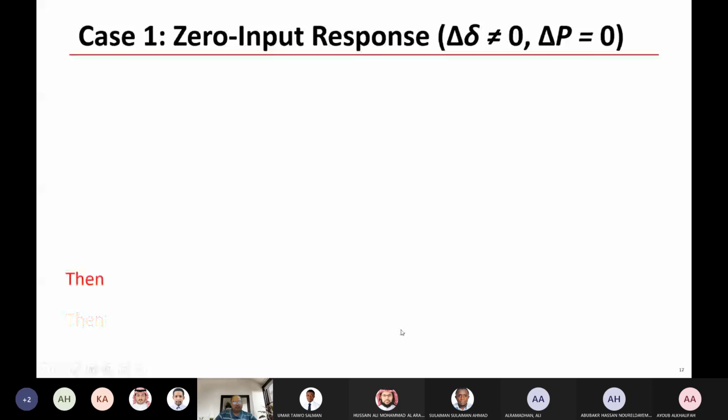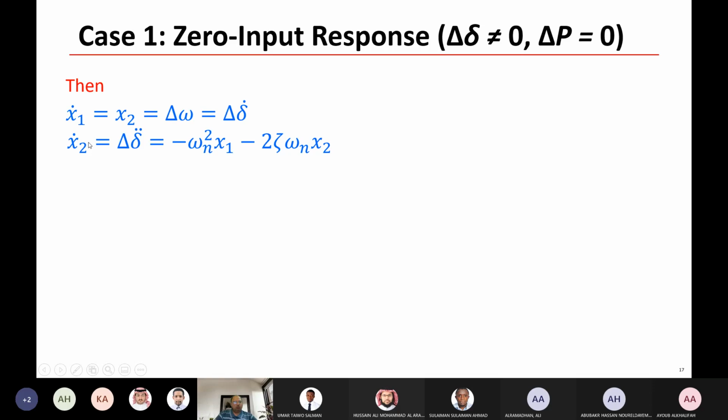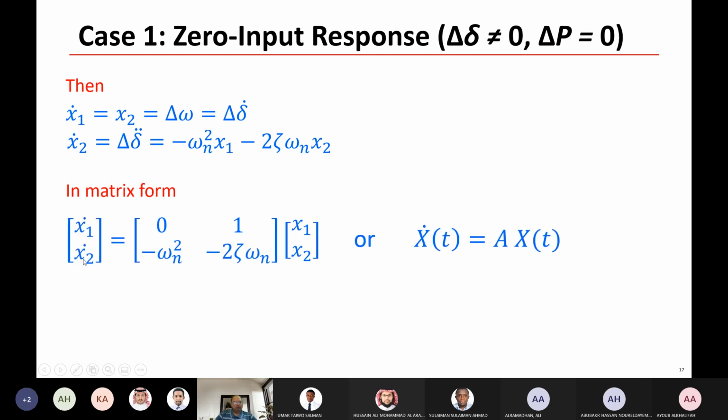So we can write here x1 dot equal to x2 and x2 dot equal to delta delta double dot, which is equal to this. And in matrix form, you can write x1 dot and x2 dot, or in compact format, x dot equal to A x of t. Is it clear?